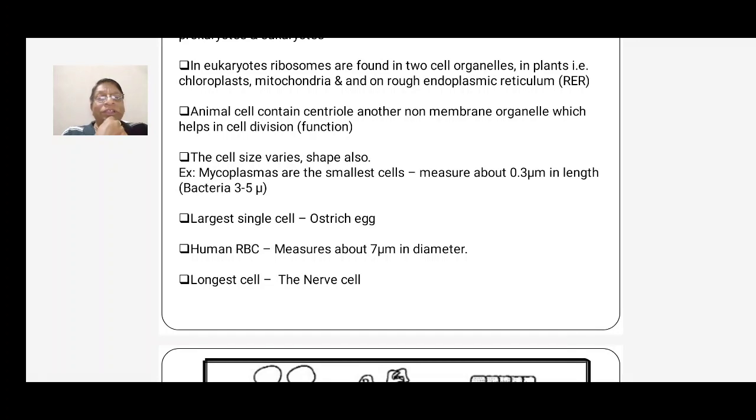The bacterial cell measures about 3 to 5 microns. The Mycoplasma gallisepticum, the smallest cell, you can say.